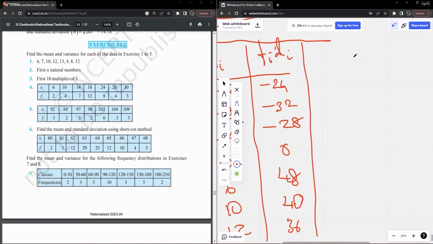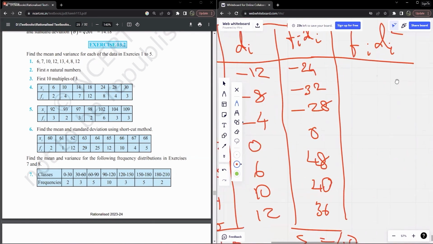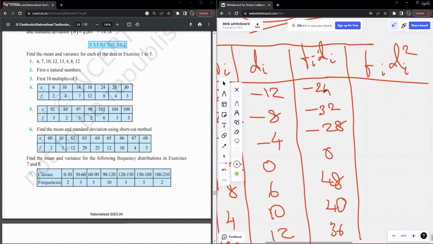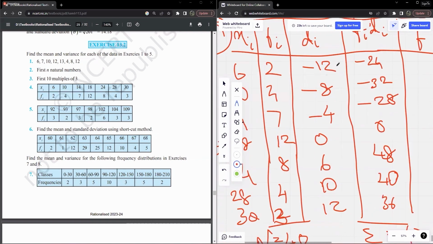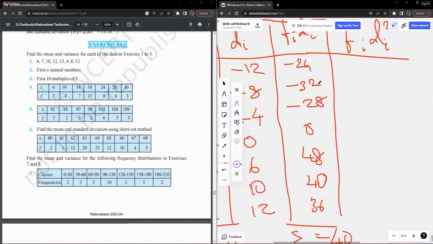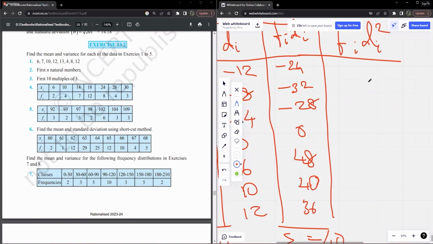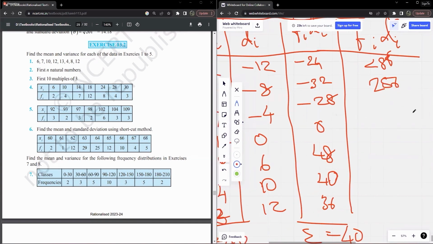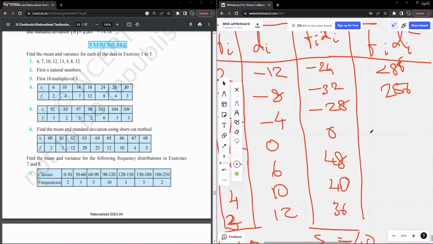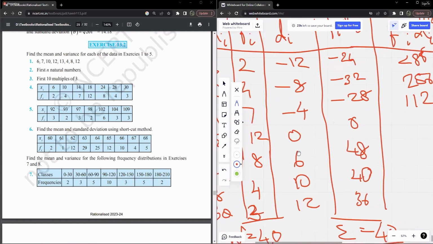Right. And the summation of fi di squared will then basically be 144 times 2, which is 288. This is 8 square 64 times 4, which is 256. This is 4 square 16 into 7, that's 112. This will be a 0. This is 6 square, which is 36 times 8.